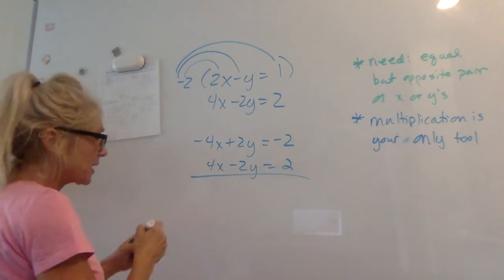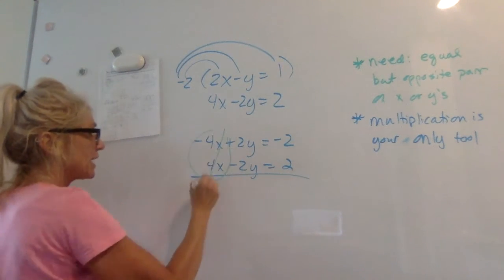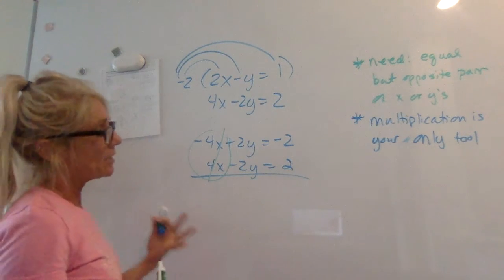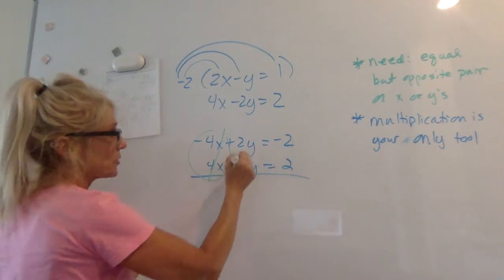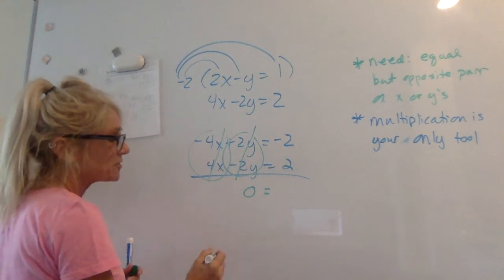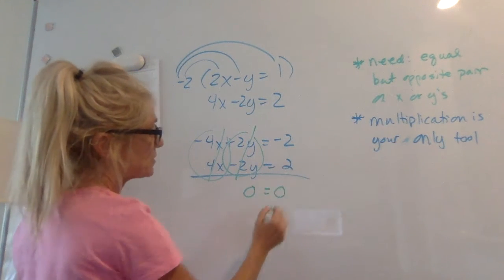So I got what I wanted in my x's. I got an equal but opposite pair. So these now cancel, leaving me with nothing. But what sort of is an unintended consequence in this particular one is this also cancels. So this side has nothing left. But what's extra weird is this side also cancels, a negative 2 and a positive 2.